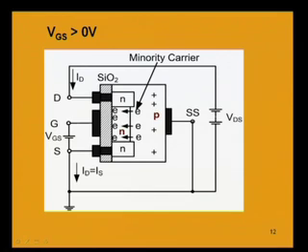As this VGS is increased, the kinetic energy achieved by the electrons will increase. So, they will be knocking out more free electrons from the covalent bonds, and this process will accumulate.